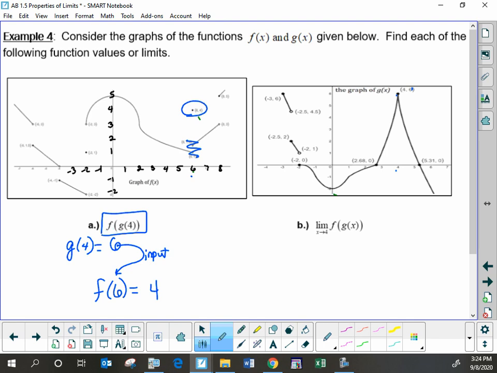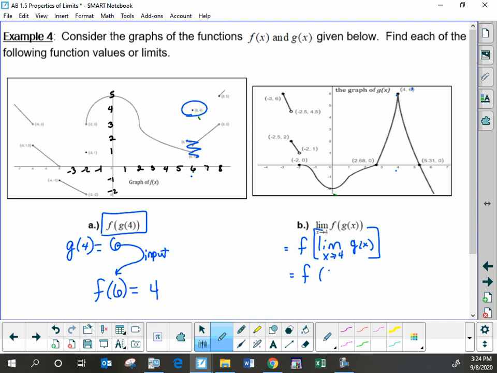B is a limit question. So now we're evaluating at 4, and I'm going to evaluate the limit as x approaches 4 of g of x, and then take that result and plug it into f. That's what our composite function property says to do.